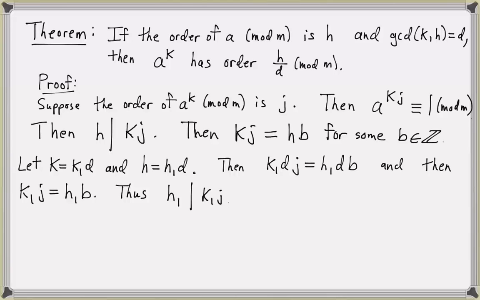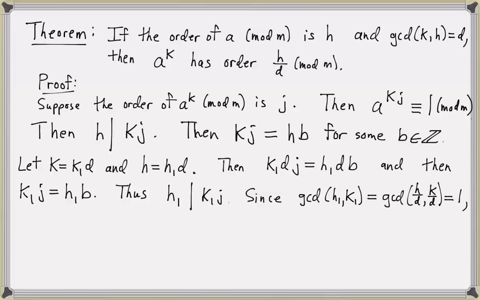Well, if we look at h1 and k1, they can't have any factors in common. Otherwise, the greatest common divisor of k and h wouldn't be d. So since the greatest common divisor of h1 and k1 equals the greatest common divisor of h over d and k over d, which equals 1, we see that h1 and k1 are relatively prime.